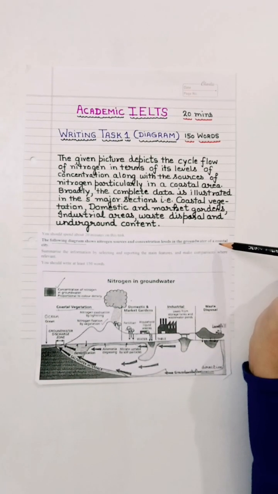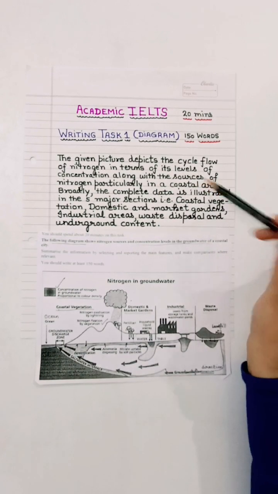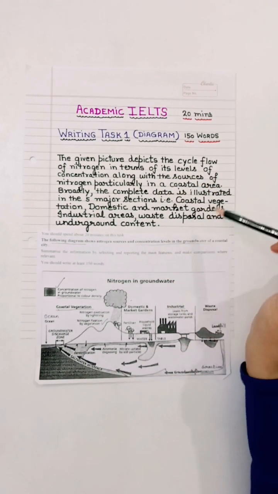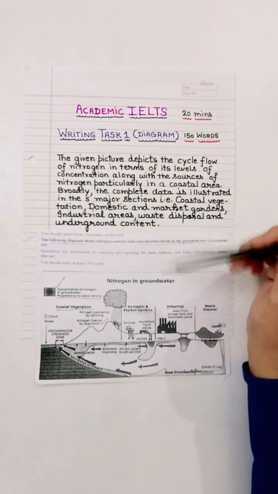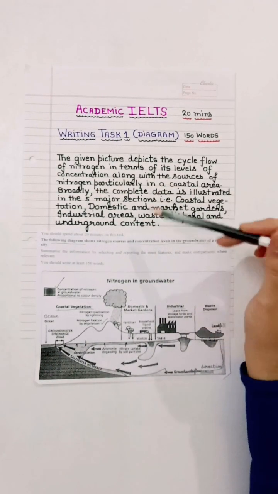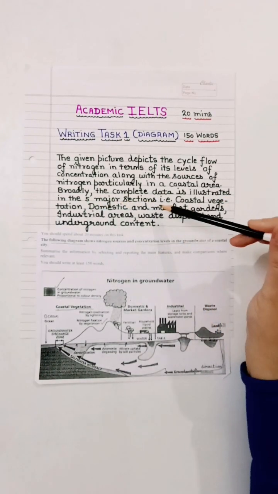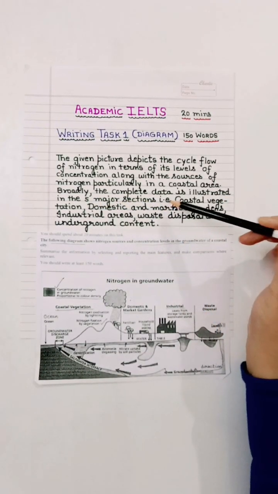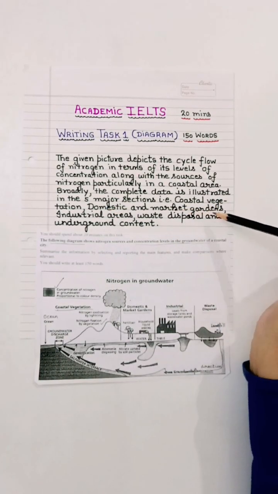Particularly, that means we are giving importance to this word. Which region, which area, particularly in a coastal area. And broadly, that means you are not going into deeper details, you are just giving headings. Broadly, the complete data is illustrated in the 5 major sections. That is, now you are naming the sections: coastal vegetation, domestic and market gardens.